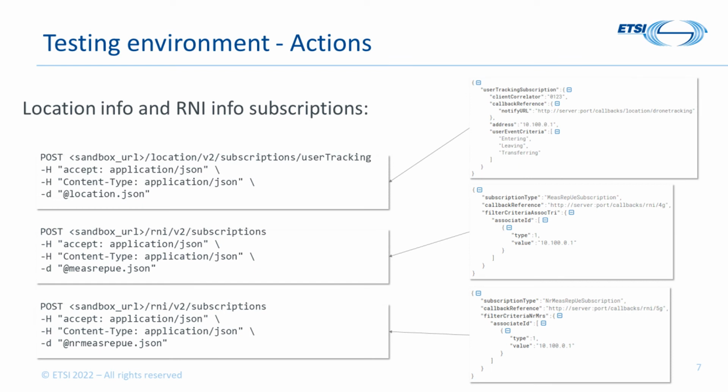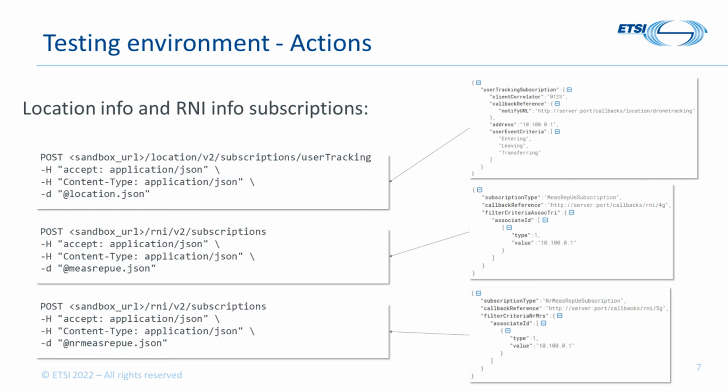Further actions were related with the required data consumption. For the location information, we created a user tracking subscription which provides us with notifications about the coordinates of the drone, the access point where the drone was connected to, the previous access point, if the drone was entering or leaving a specific area, etc. For the coverage type and to retrieve the power and quality of the signal received, we created both new radio and no new radio measurement subscriptions, one per coverage type, 4G, 5G.